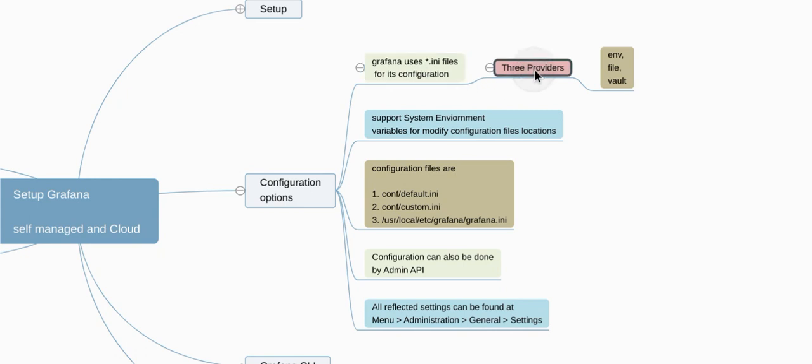It has three providers. What does three providers mean? You are defining configuration files, and you can read values from environment variables. Say, for example, I want to configure the database. Let's say I have three options: SQLite, Postgres, or MySQL.